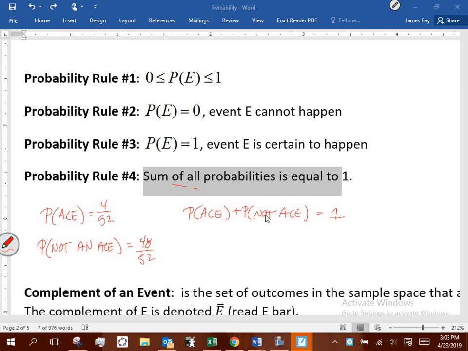Where if I do something like this, if I say, I'm interested in finding the probability of not an ace, isn't this an equation right here up top? Is that an equation? So we're going to subtract the same thing from both sides.